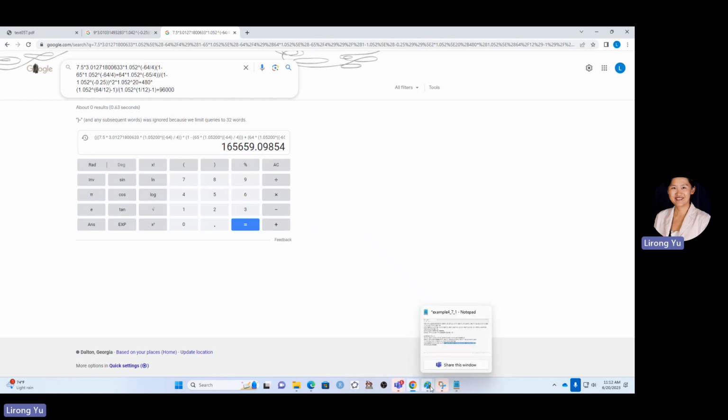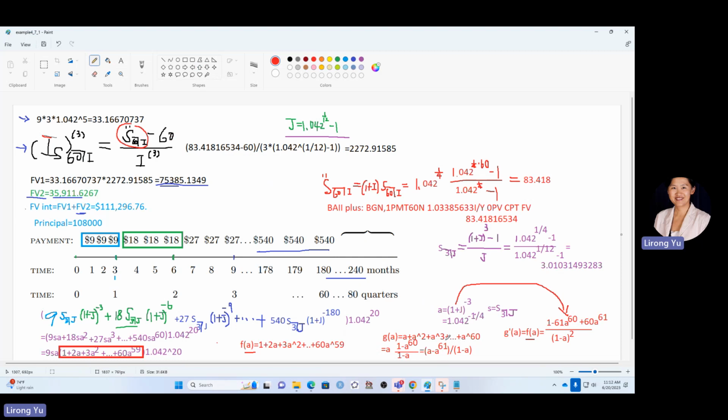Let's double check the consideration. This example did have the payment of 60 payments, but our 4.5.5 has 64 payments. That is a change. Everything else should be the same.